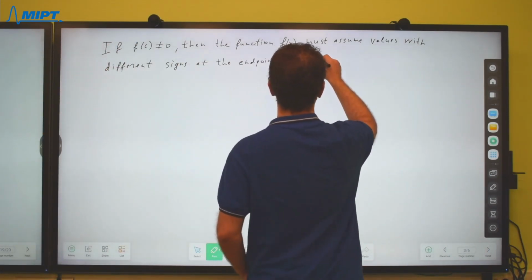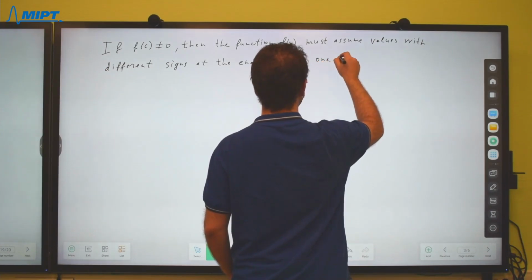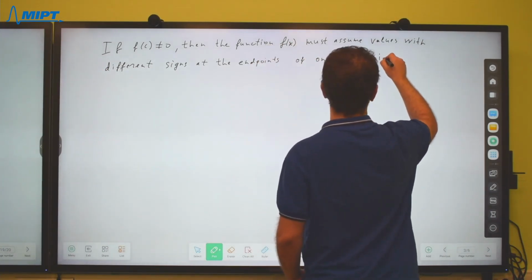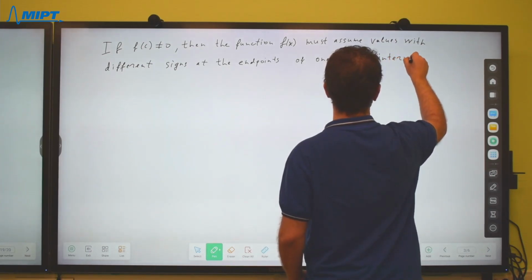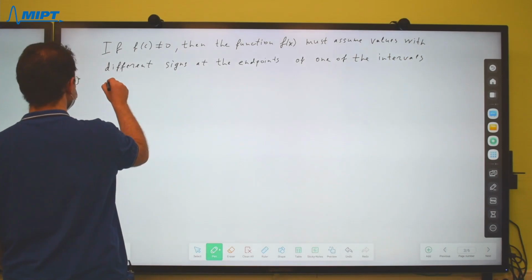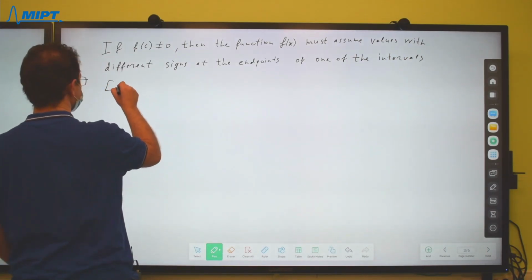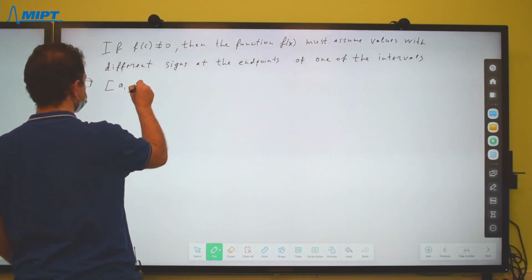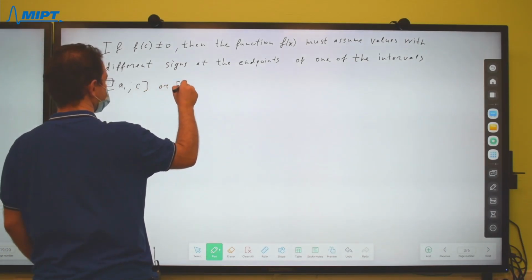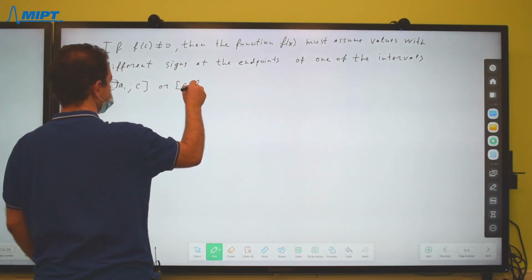Means one of the intervals, from A1 to C or from C to B1.